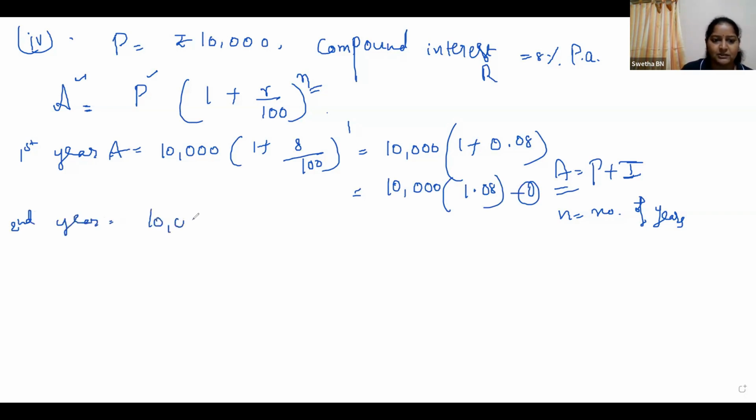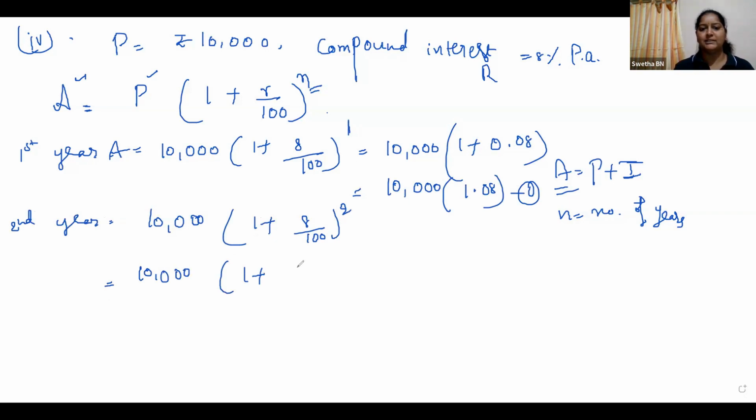For second year, keep 10,000 principal and 1 plus 8 by 100 whole to the power of 2. So in place of n, I am writing 2. That is equal to 10,000 into 1 plus 0.08 whole to the power of 2, which is 10,000 into 1.08 whole square.